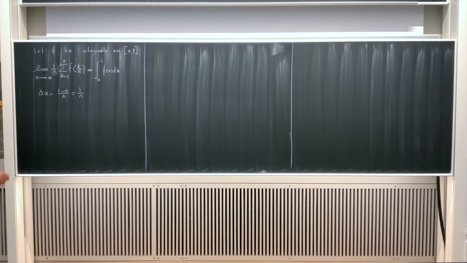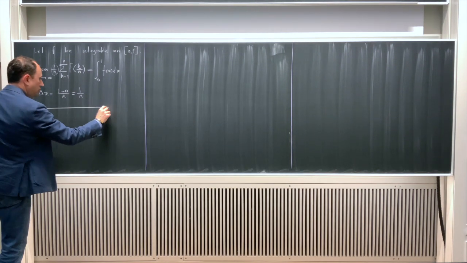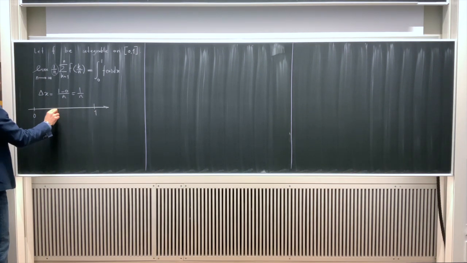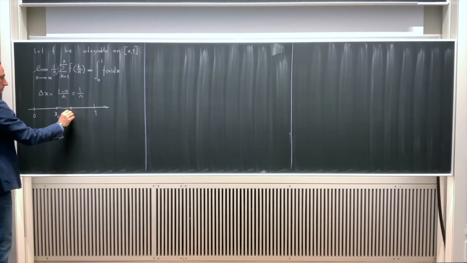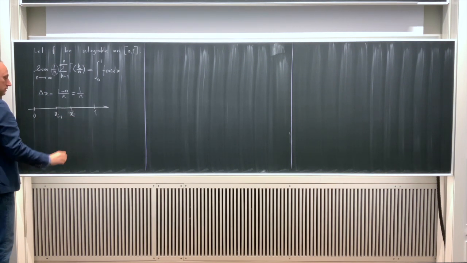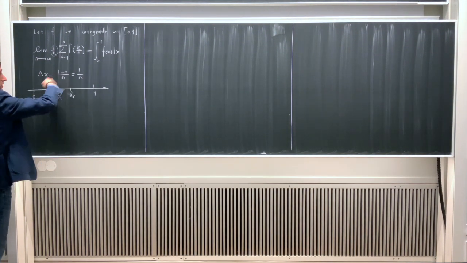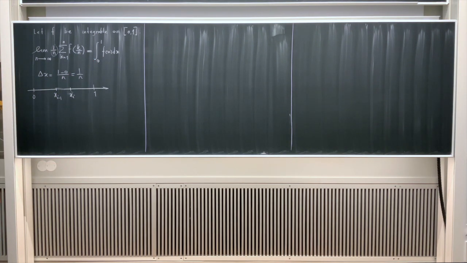But now let me partition the interval from 0 to 1, and then let us concentrate on this ith interval. I don't care about what my function is. So what I do, I calculate these. Can you tell me what is x_i?